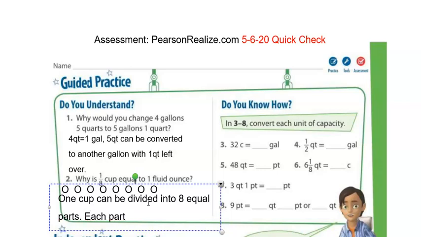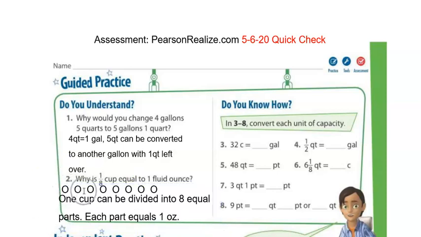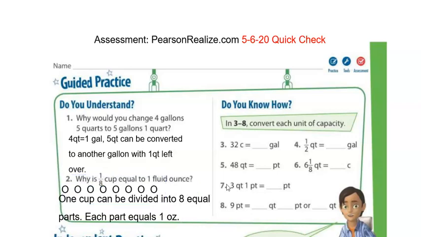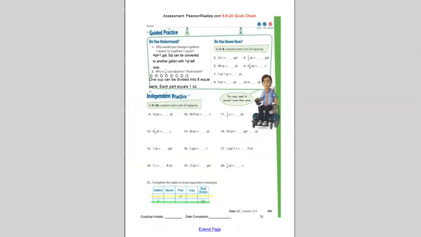Each part equals 1 ounce. Thinking about our picture again, each of these circles represents 1 ounce, and 8 of them together equal 1 cup. If I highlight all 8 of these, this is 1 ounce, 2, 3, 4, 5, 6, 7, and 8 ounces, and all of those together would fill up your 1 cup. All right, thinking about number 3, let's take a look at this.